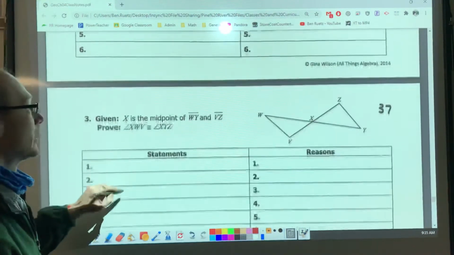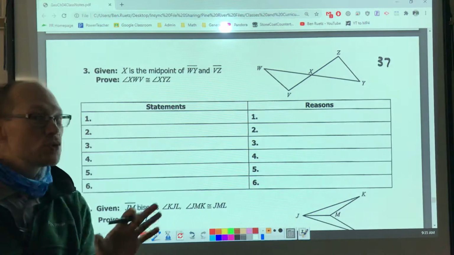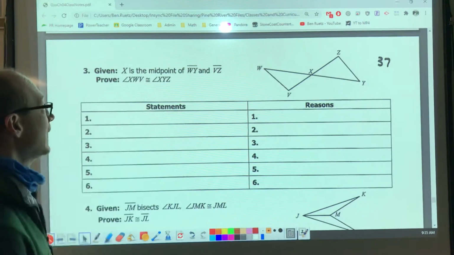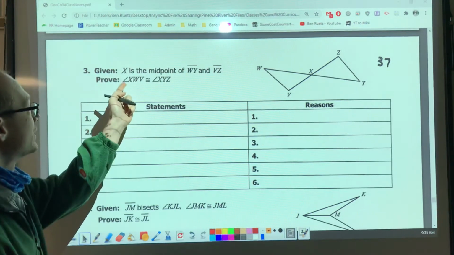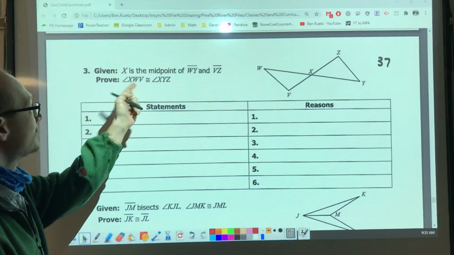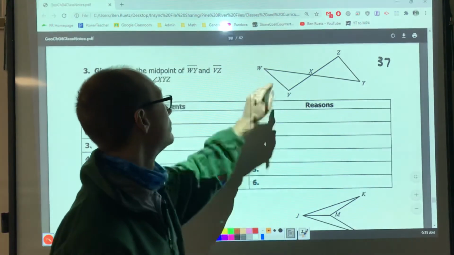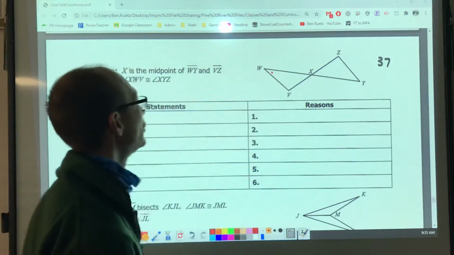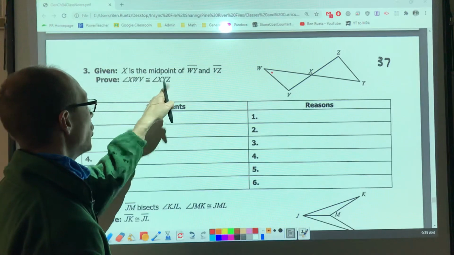I think the one that I want to do is number 3 for you. Let's go through and see if we can prove the triangles congruent first, then we can prove that the angles are congruent. So what I'm going to do is put a small little dot where it says prove angle XWV, that's this angle right here, is the same as angle XYZ.